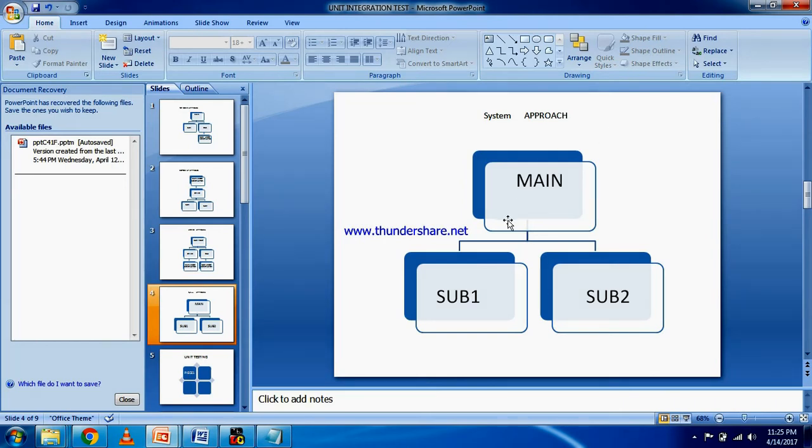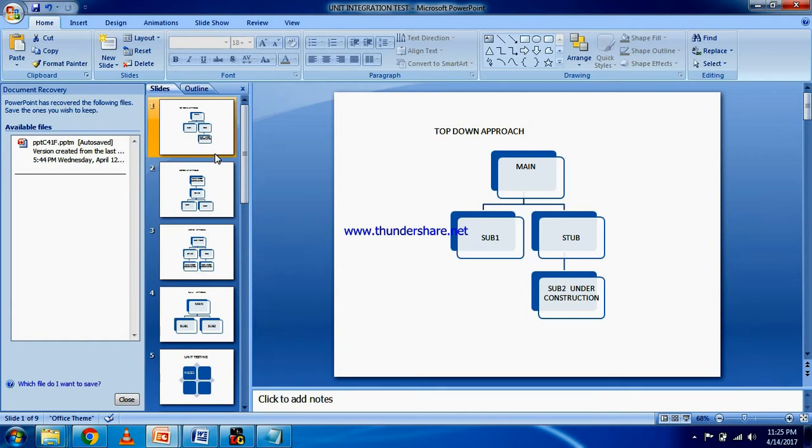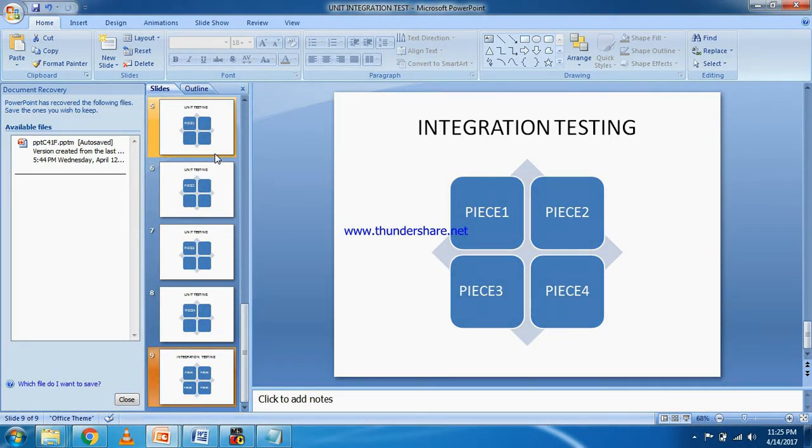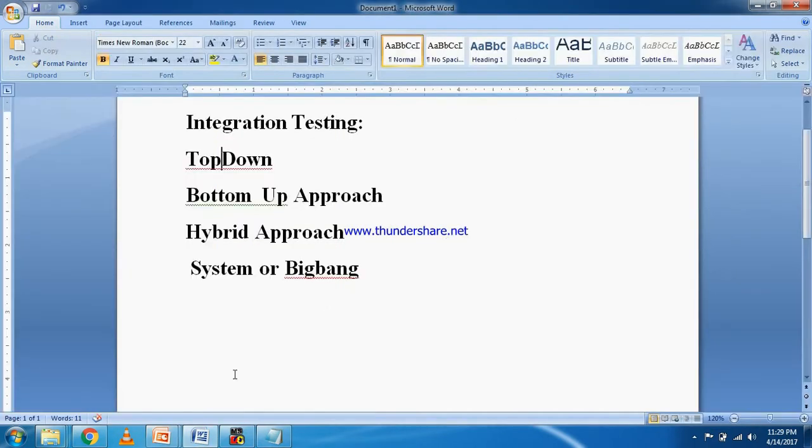That is what system approach or Big Bang approach is. These are the approaches followed by the Scrum team developer for integrating pieces of code. On those pieces of code they performed the unit testing, then integrating all those pieces, he is going to perform the integration testing. After integrating, he performs the same testing. That is what integration testing is.